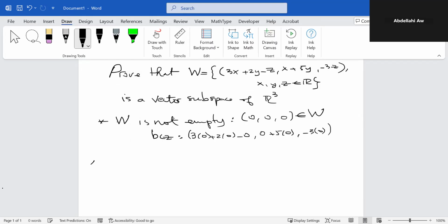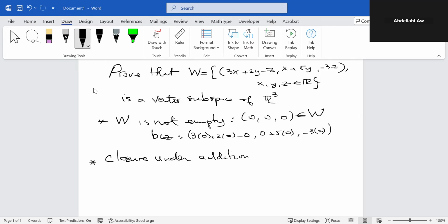So now let's check closure under addition. Here we have to give ourselves two general elements. From my past classes, I see students giving examples. You cannot prove a generality with examples.